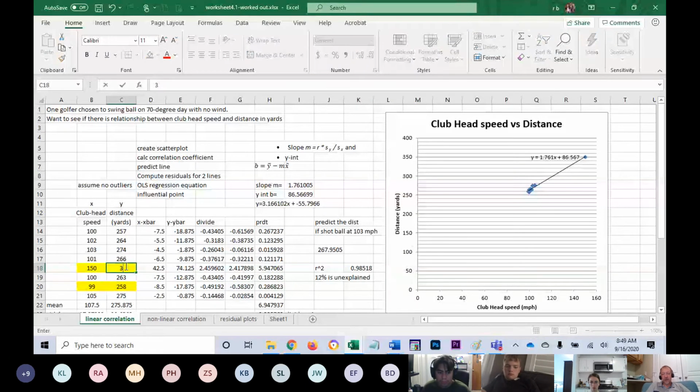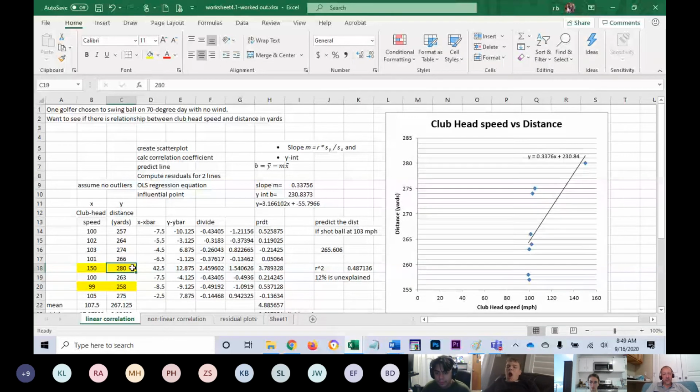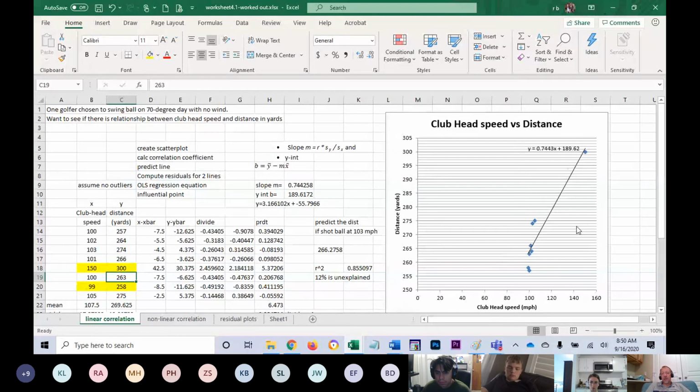Let's go with 300. Okay. So once again, you can see that the speed, 150, is an outlier, and the distance, 300, is also an outlier. Maybe I should go to 280. Well, 300 was pretty good, I guess. The slope didn't change all that much.